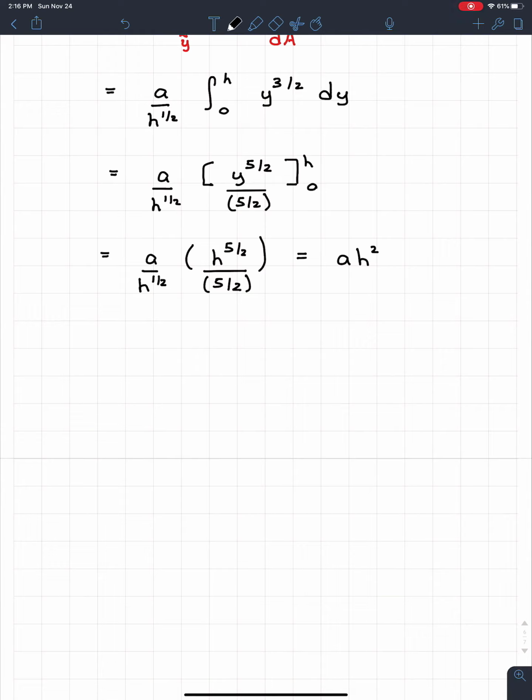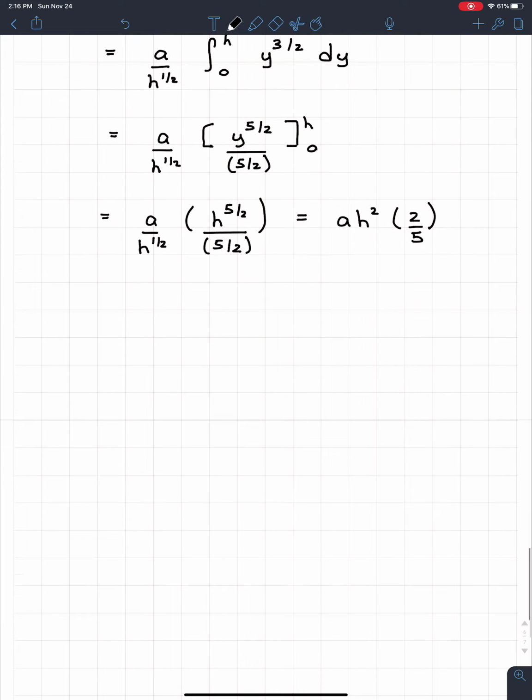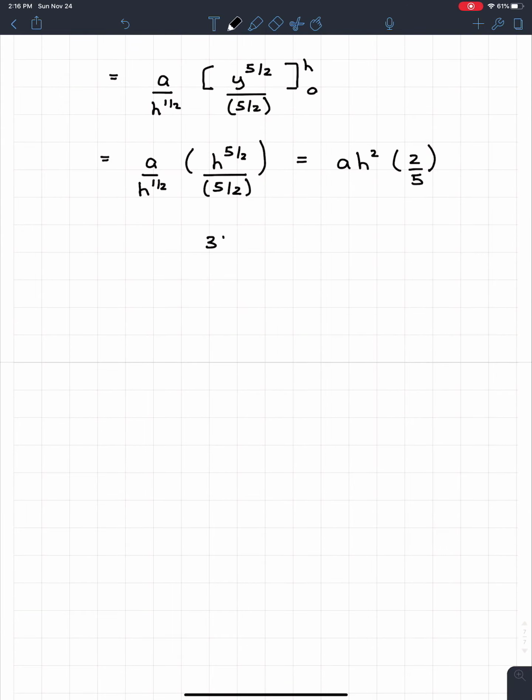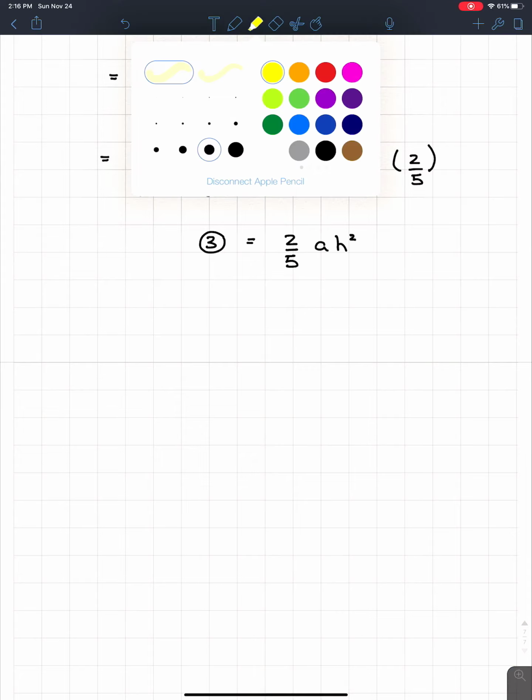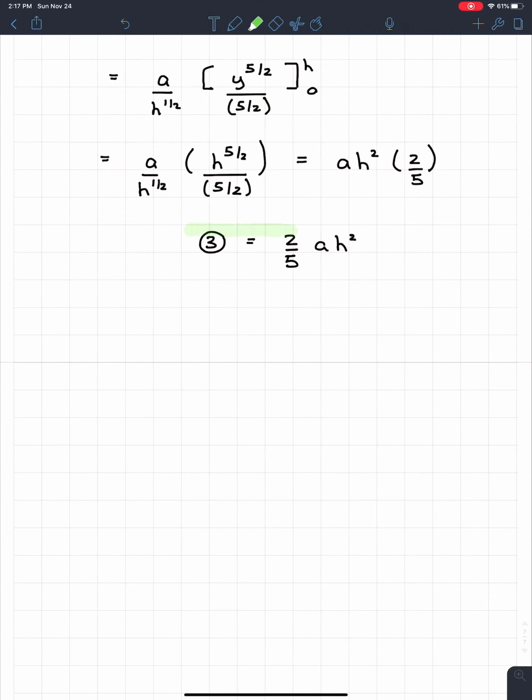And then finally at the end, we have that constant at the bottom, so I'm going to flip it around, times 2 over 5. So from here, we can say that 3 is equal to 2/5 A times H squared. Highlight these again, and I think we're using green. So this is what 3 is equal to.